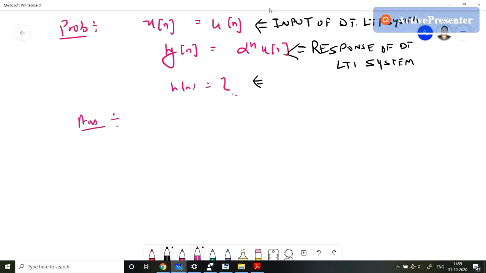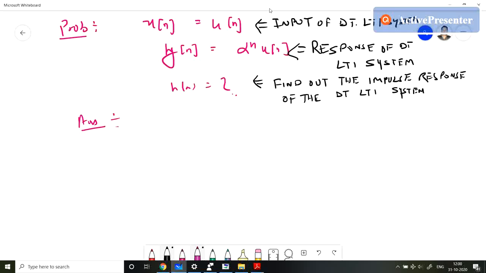What we need to find out is the impulse response of the discrete time LTI system.